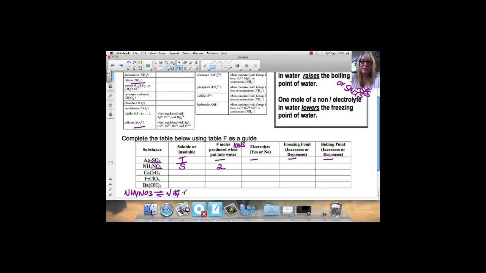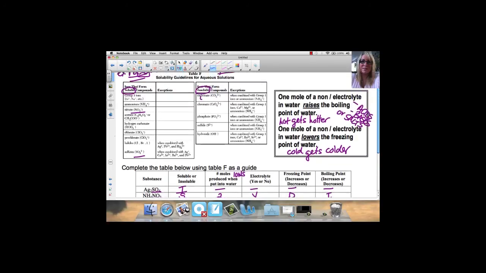It is an electrolyte. So if it's an electrolyte, remember, hot gets hotter and cold gets colder. So the freezing point is going to decrease and the boiling point is going to increase because cold gets colder, hot gets hotter.